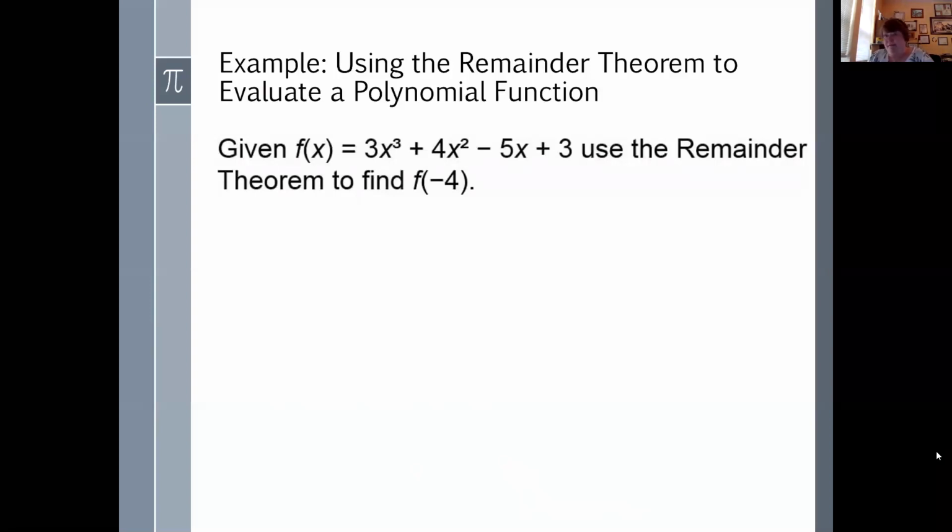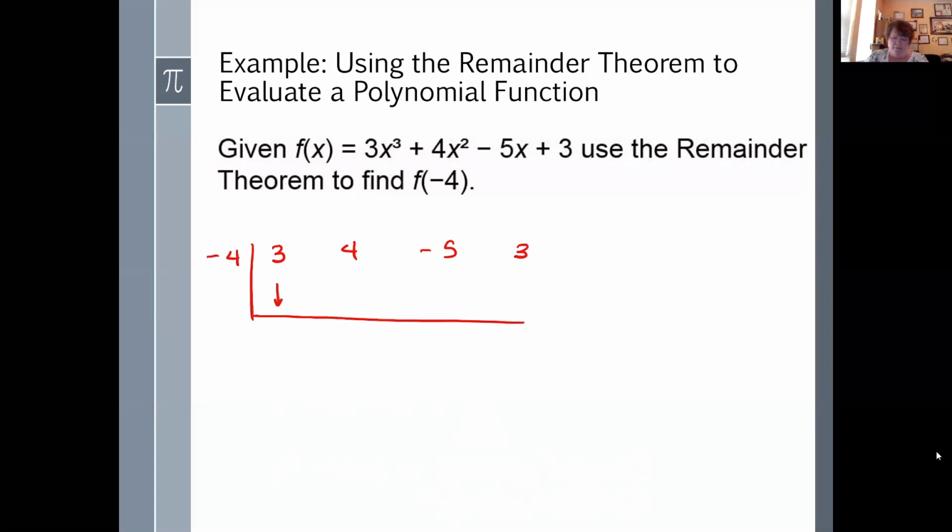But it's probably faster to use synthetic division, and you don't need a calculator. So how do you evaluate this function at negative 4? You divide it by negative 4 using synthetic division. And whatever your remainder is going to be, that is that function evaluated at negative 4.